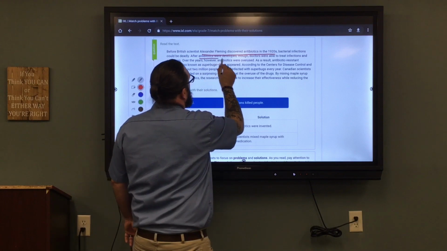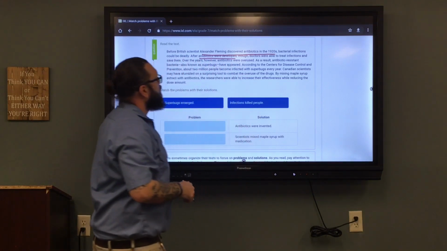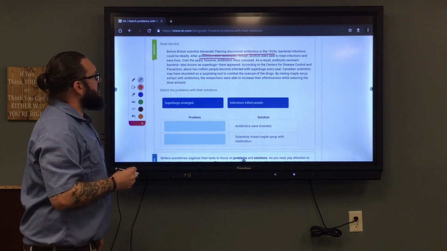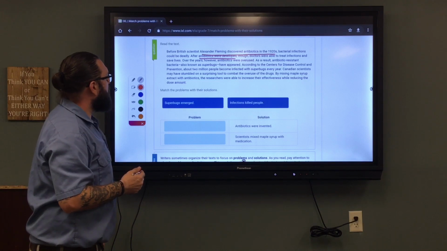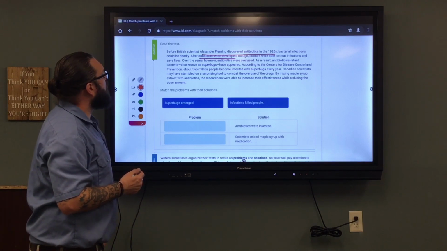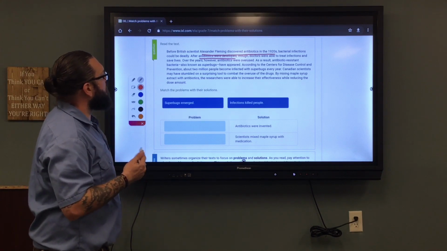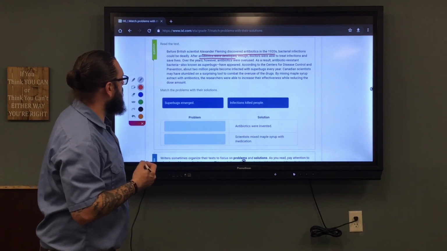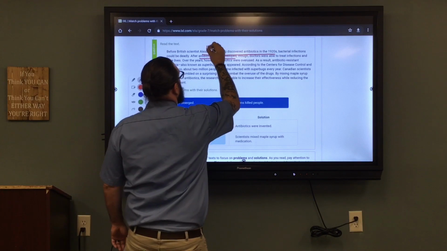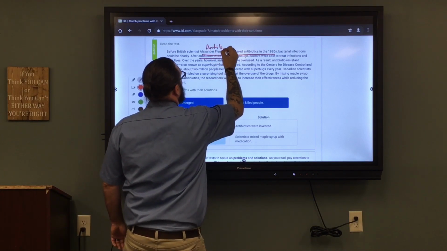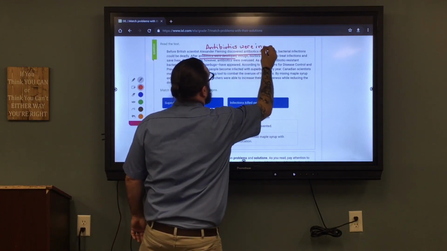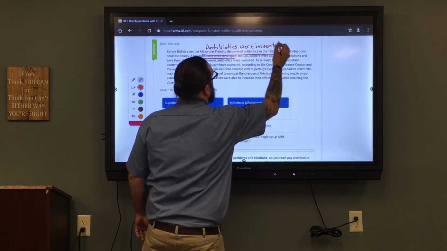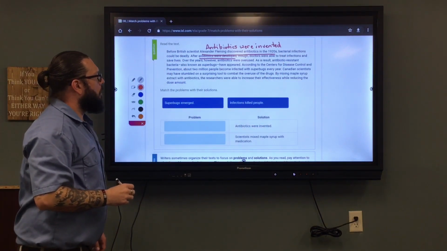And of course, after antibiotics were developed, we see that the solution is presented there. But if we look specifically at the first sentence, before British scientist Alexander Fleming discovered antibiotics in the 1920s, so before antibiotics were invented, what happened?